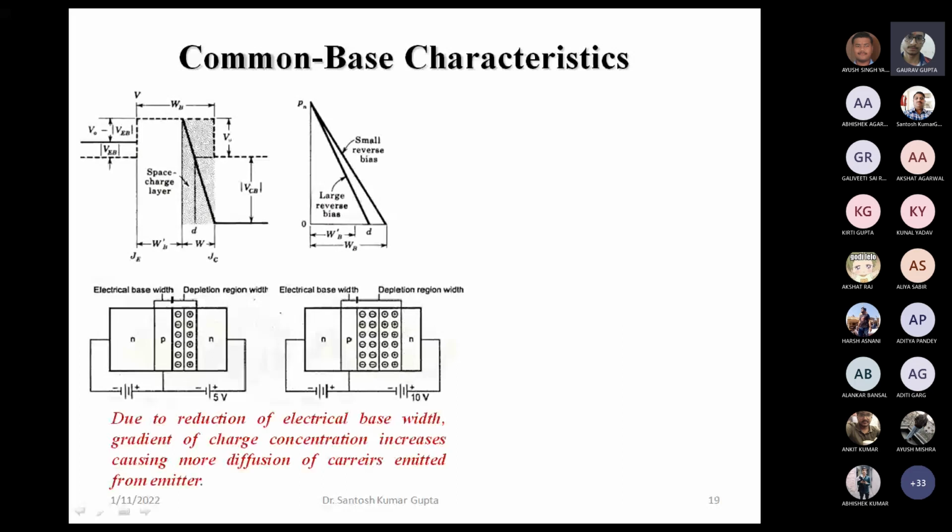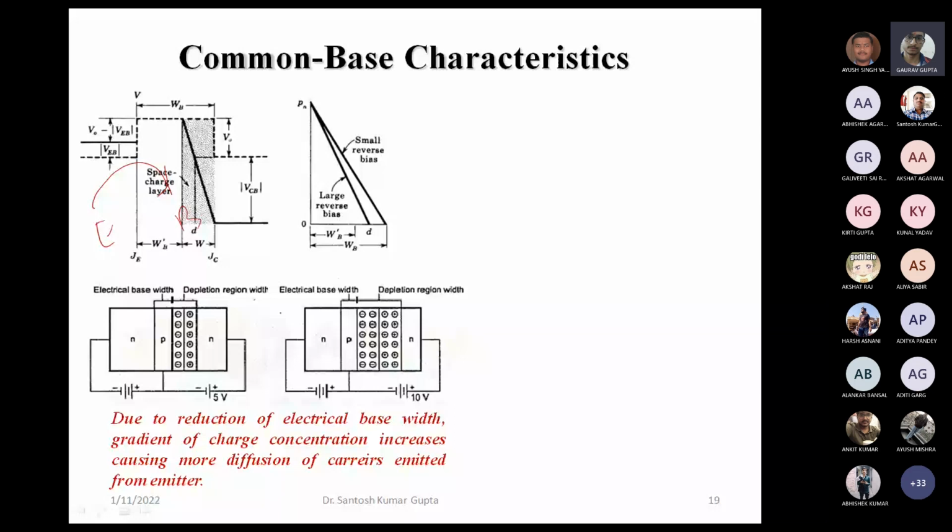So the charge carriers which are injected from the emitter into the base, some of these recombine in the base and the rest are collected by the collector.